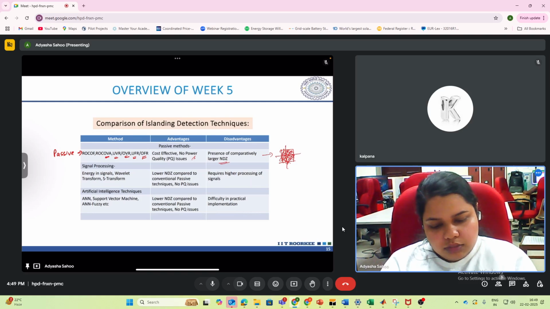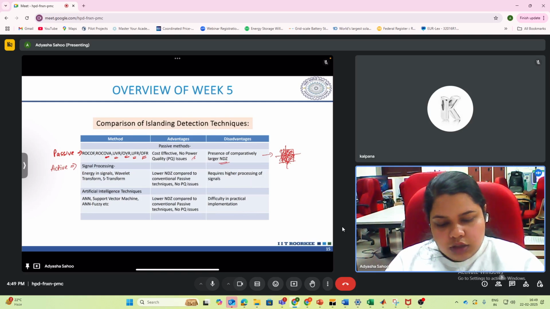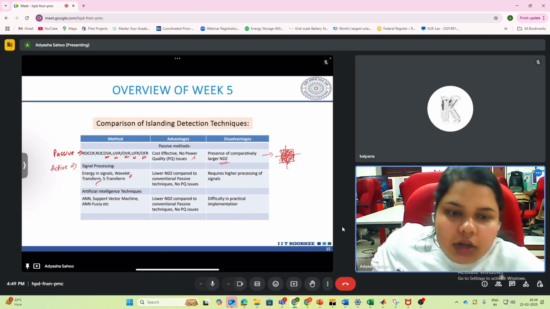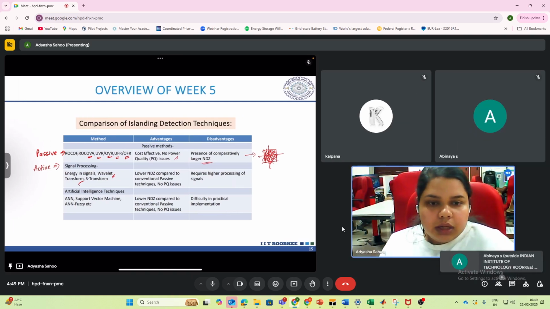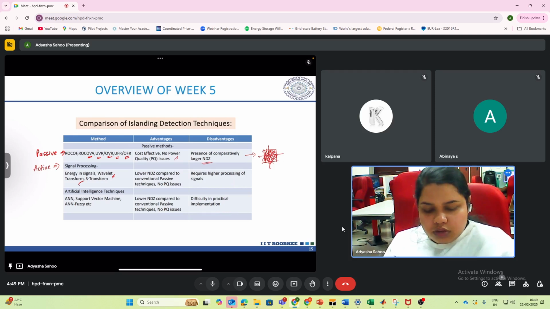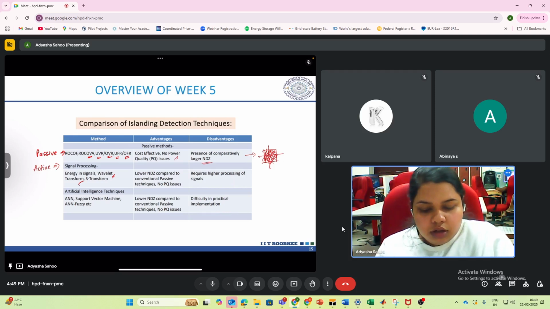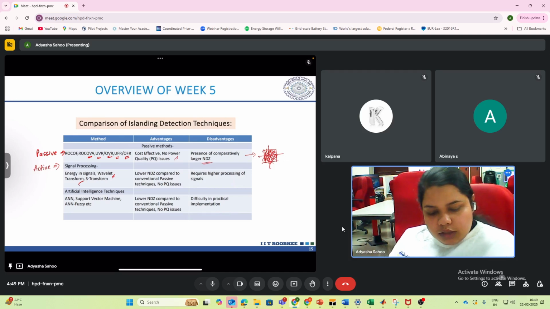Then the next method was your active method or signal processing based method. Here you monitor the voltage and frequency at the PCC using wavelet transform or S transform, and if there is an unbalance in the waveforms or instances of sag, swell, or interruption, you can make out that islanding has taken place.